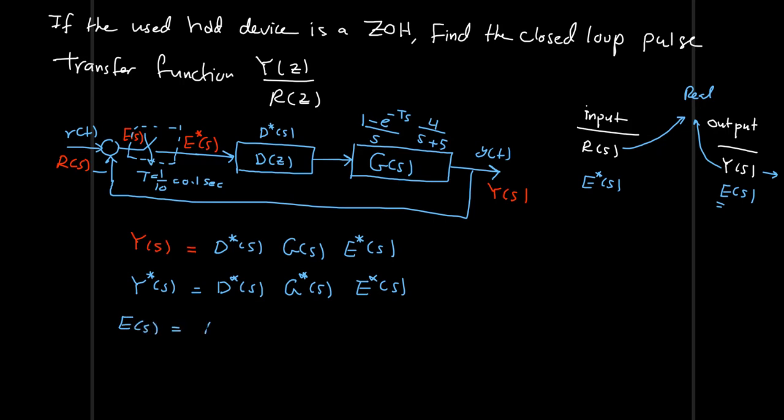So e of s will equal r of s minus y of s. If we star both sides, so e star here, r star here, y star here. Now we can substitute this one here.